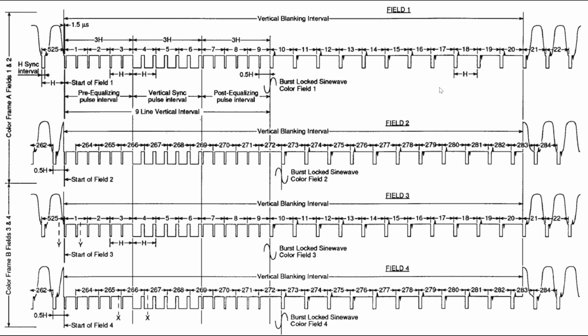Okay. So if you do 262, it doesn't come out exactly even. So you're going to have a tiny bit of timing issue, but we're not going to worry about the details because we're not doing a TV theory video.